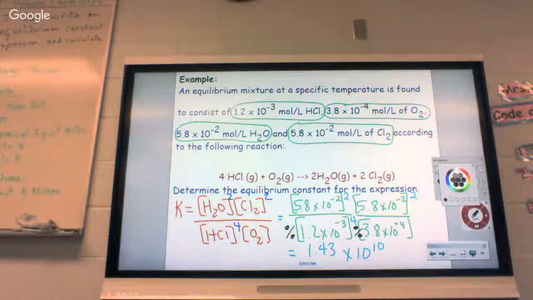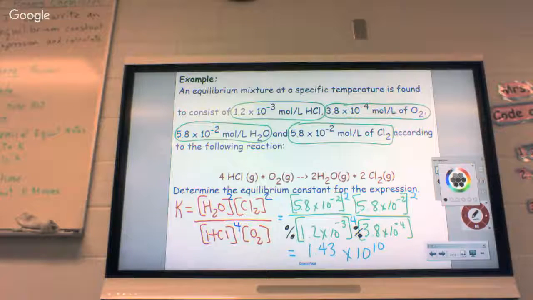Times 5.8 second EE, either raise to the second or square. I always hit equal before I go to the denominator. You don't have to. It's not necessary. Then divided by 1.2 second EE negative 3, raised to the 4th. That caret key, that up arrow.